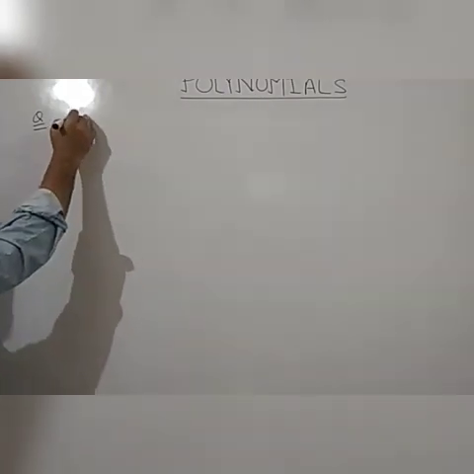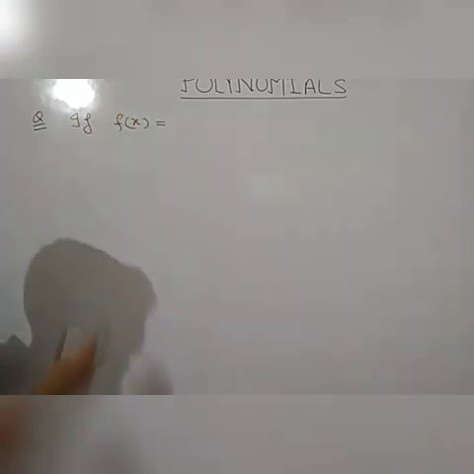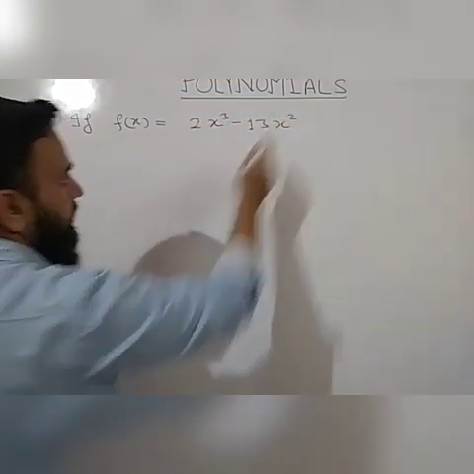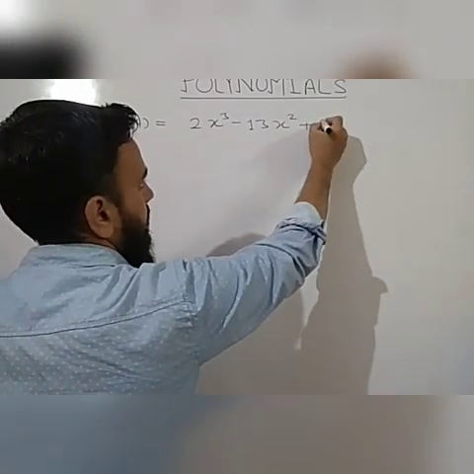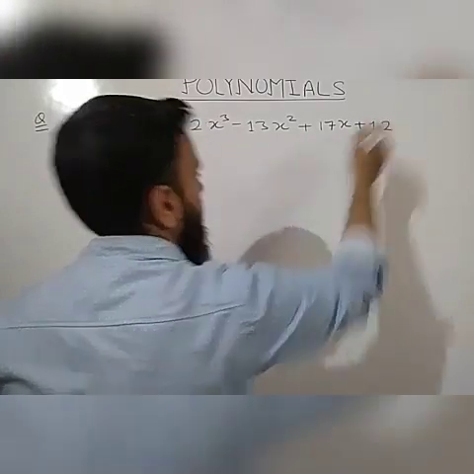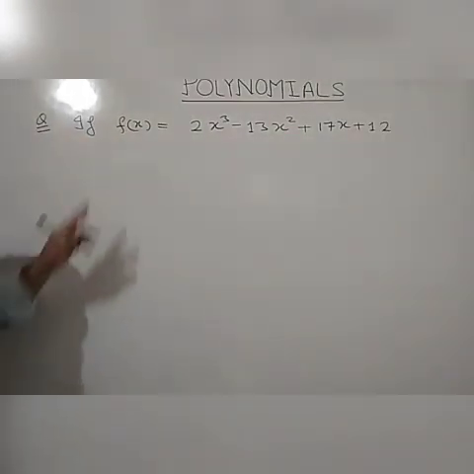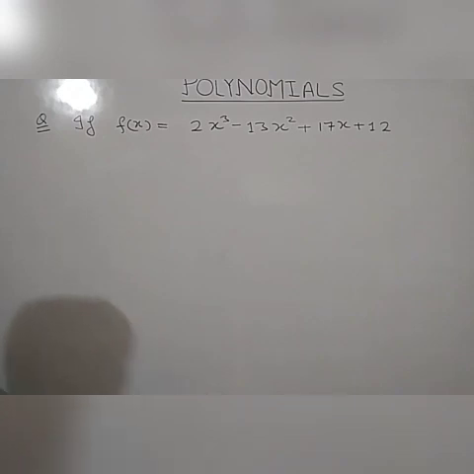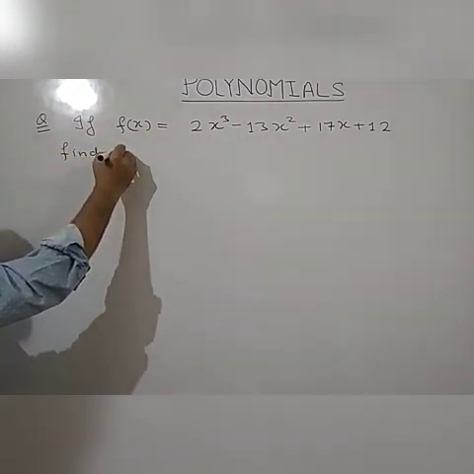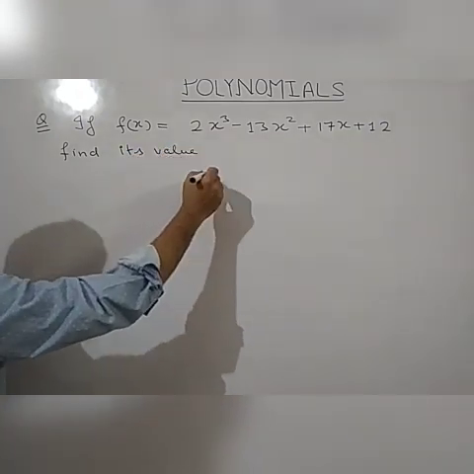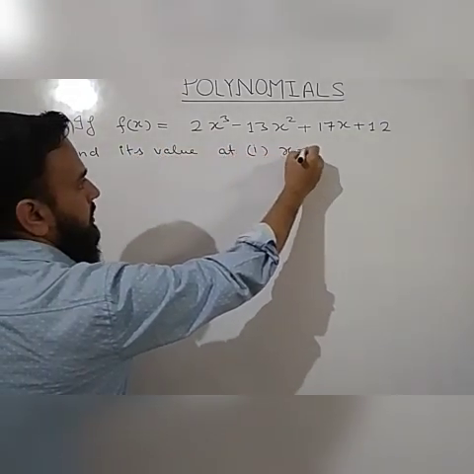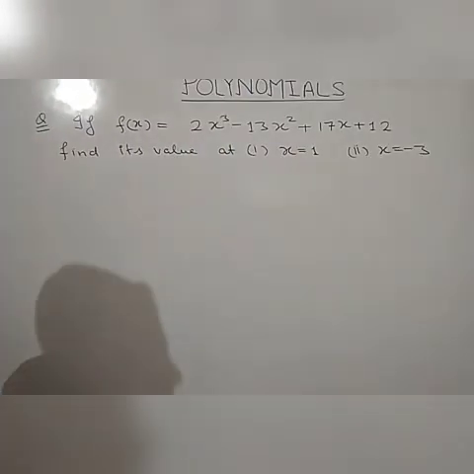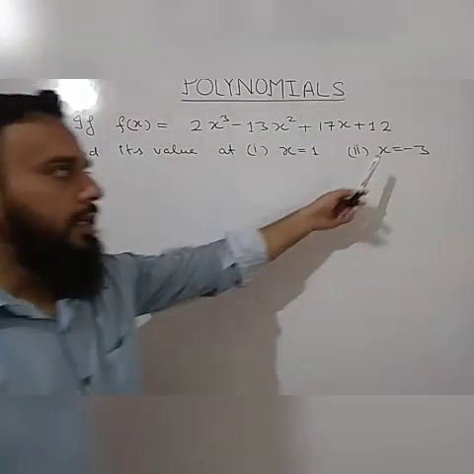If f(x) = 2x³ - 13x² + 17x + 12, then we have to find its value at the first part x = 1 and the second part x = -3.